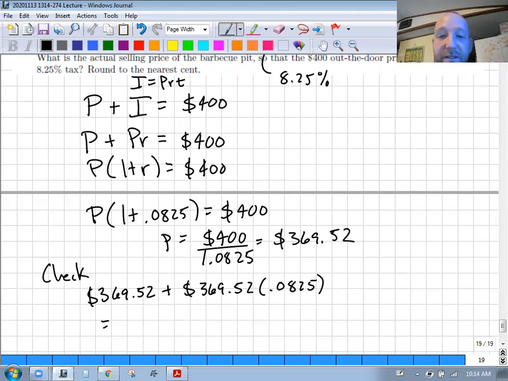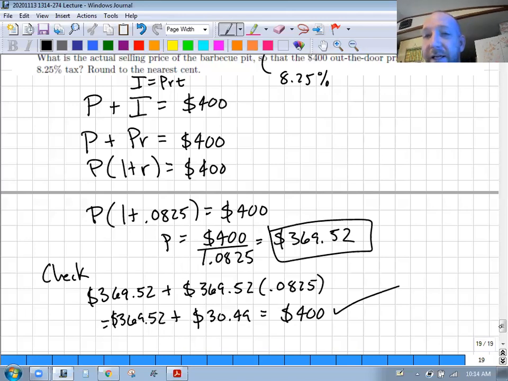So 369.52 times 0.0825. So the tax here is $30.49. So if we add that to our 369.52, we get 400. So this is our price.